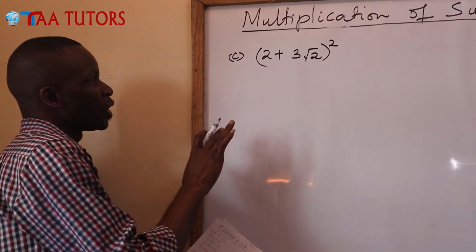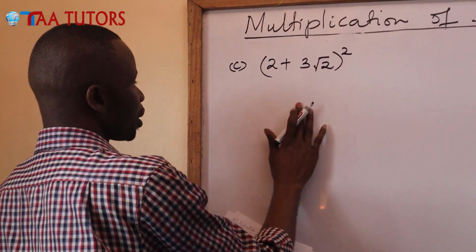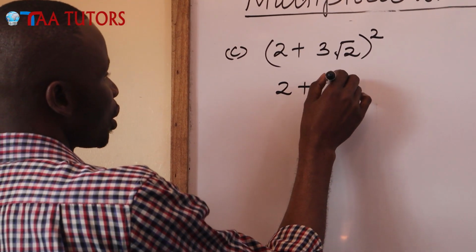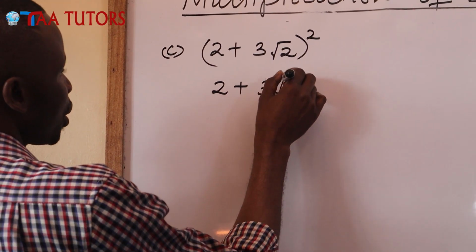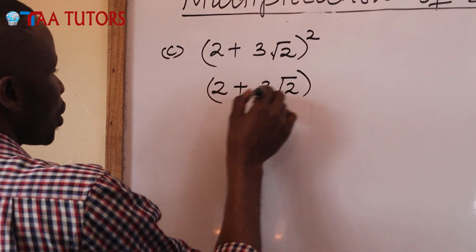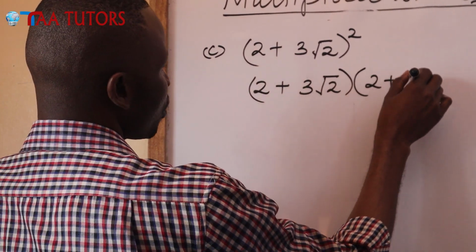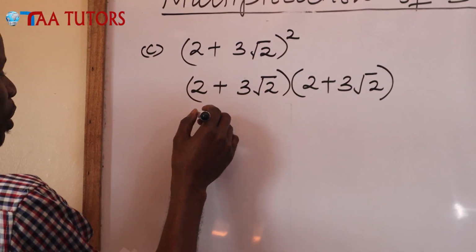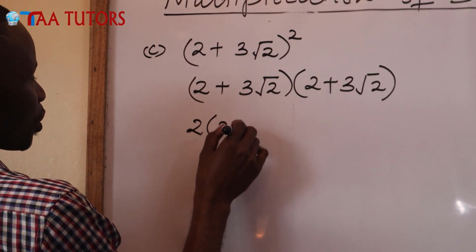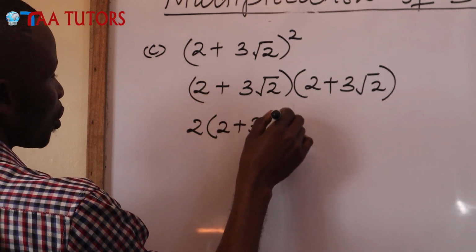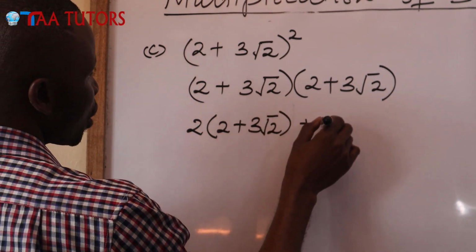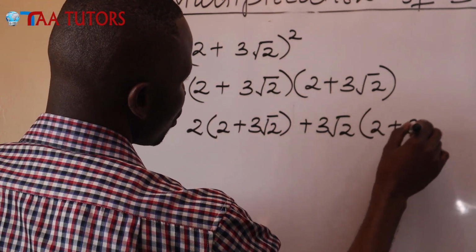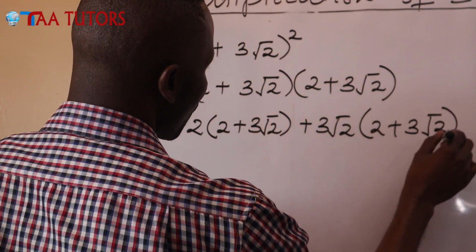If you have to deal with this, the first thing we have to do is to write it in an expanded form, which is 2 plus 3 surd 2 into 2 plus 3 surd 2. So if you open this bracket, it'll say 2 into 2 plus 3 surd 2, plus 3 surd 2 into 2 plus 3 surd 2.